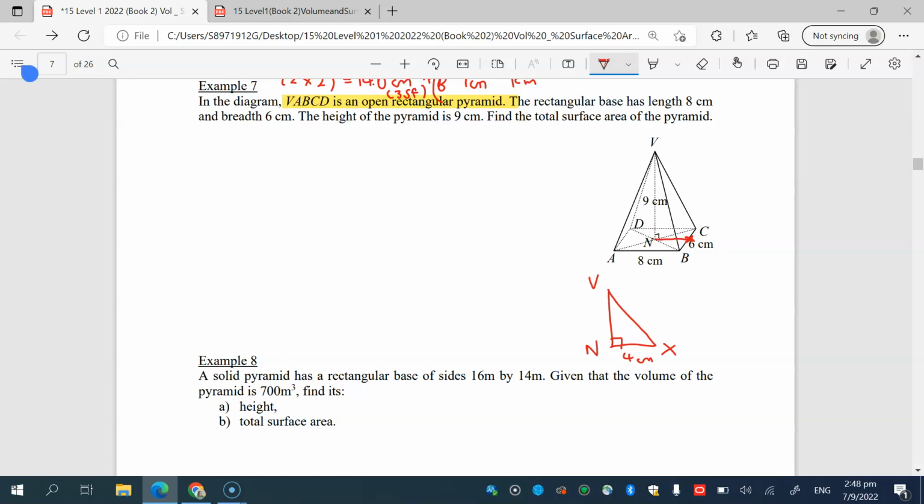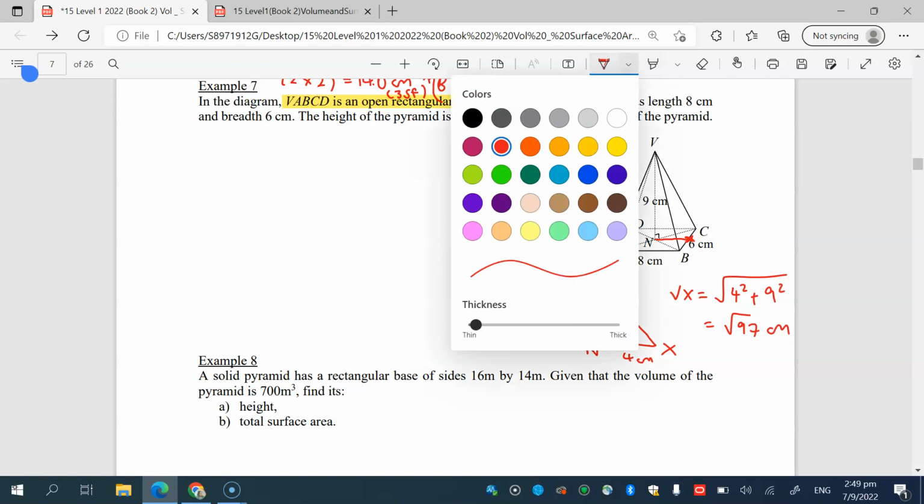Okay, VN is 9 cm. So how do I find VX? Using Pythagoras theorem, VX square is basically 4 square plus 9 square. So to find VX, I will take square root of 4 square plus 9 square. Press calculator. It is square root 97. Okay, let's park that one side first.